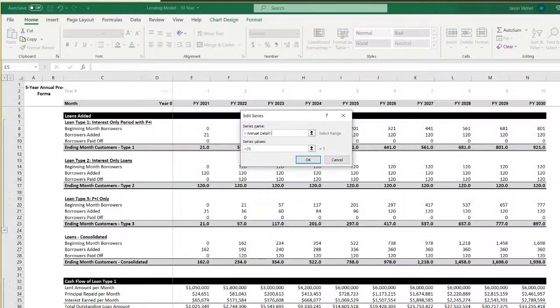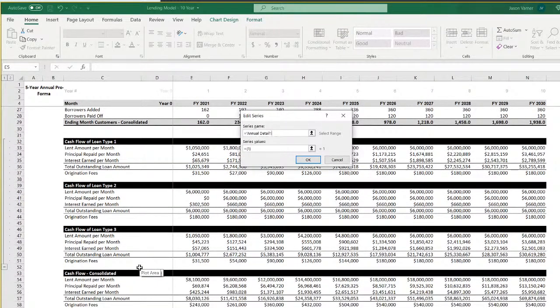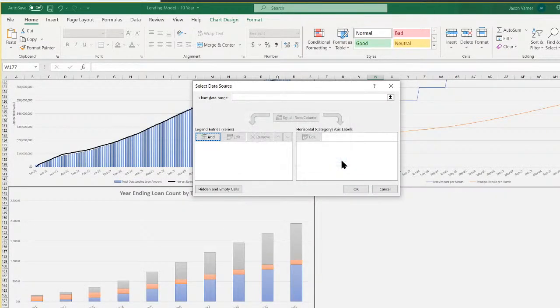We're going to have to actually consolidate this.